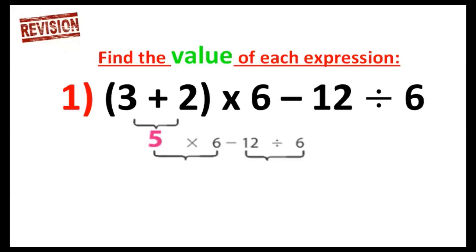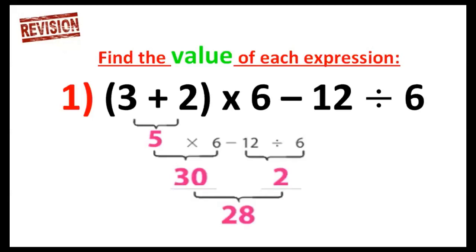The second step: I have multiplication, subtraction and division in the same line, so I'm going to start from left to right, and the priority here is for multiplication. I multiply 5 by 6 to get 30. Then 30 subtracted 2 will be 28 as a final answer.